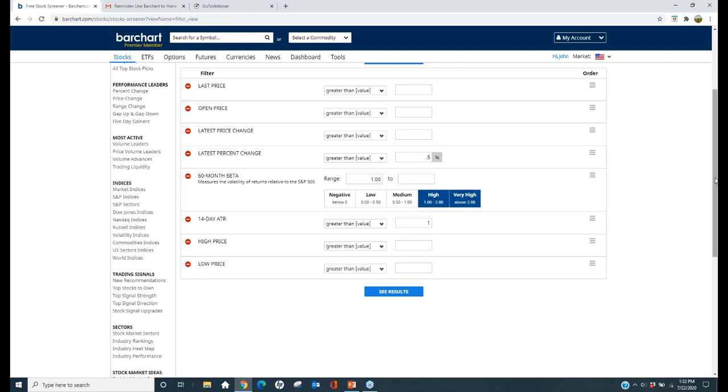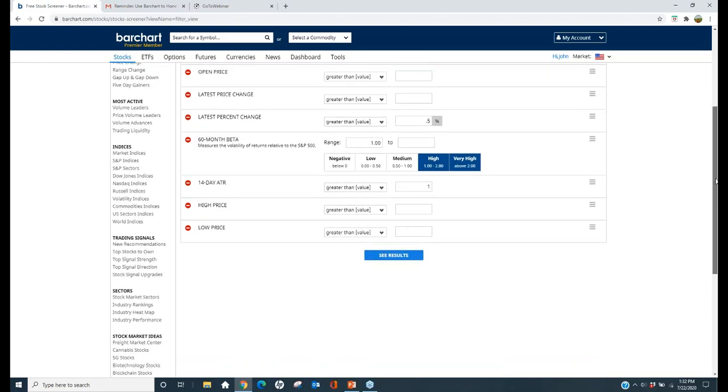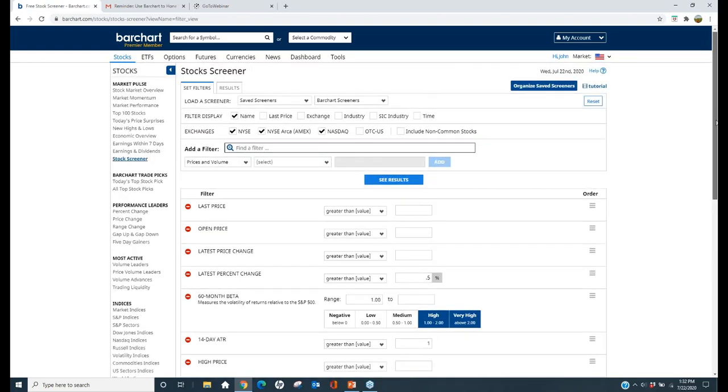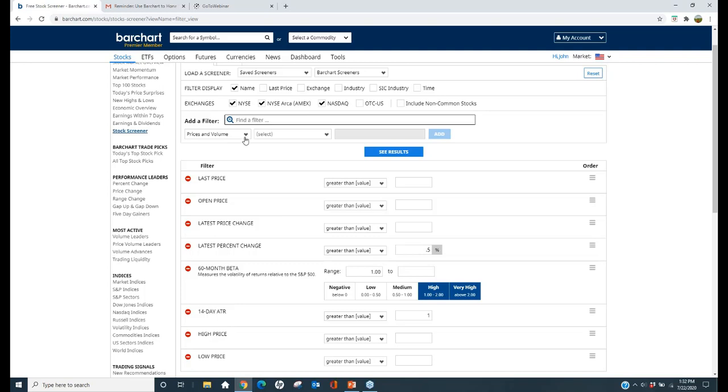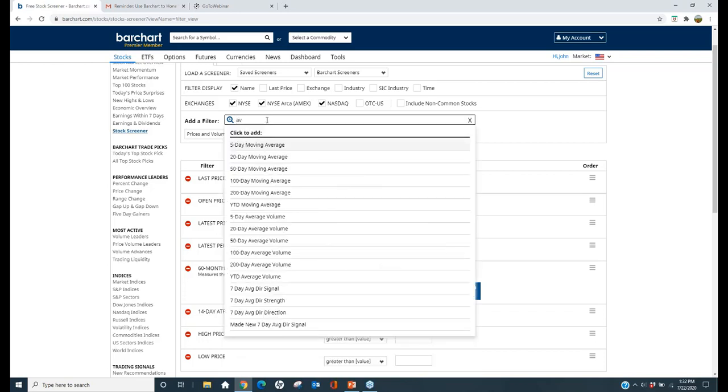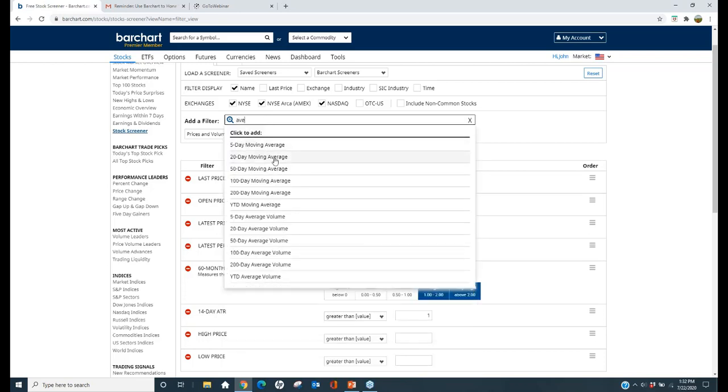And the final analysis that I'm going to look at, again, just kind of referencing the market, is I'm going to look at my volume. And we have volume as it is today, percent change in volume, but I want to look at something called average volume.